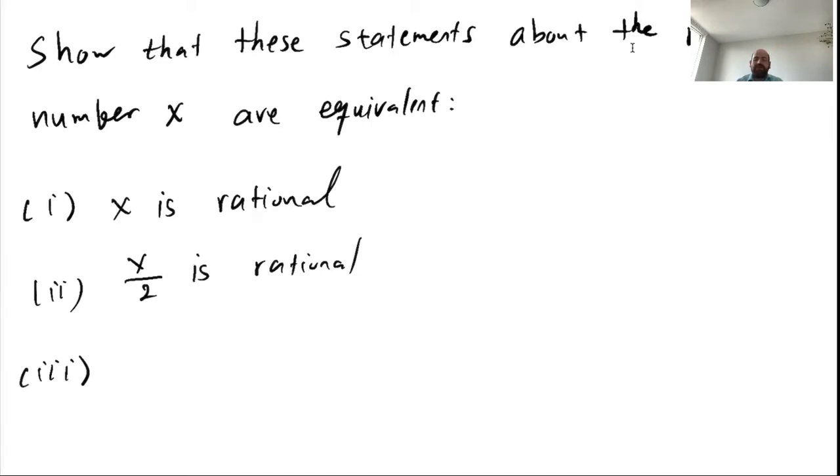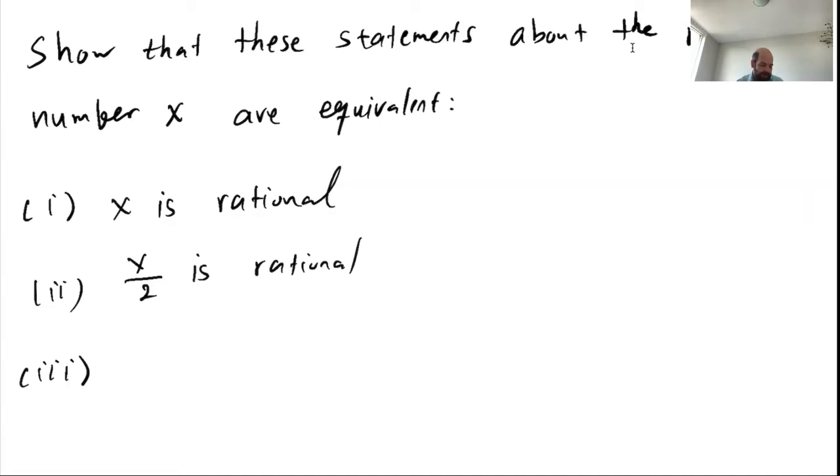But again, I have to look at the definition of rational. The most important thing that you have to remember in all proofs is that you have to always apply the definitions. So if x is rational, what can I say about x according to the definition of rational numbers?